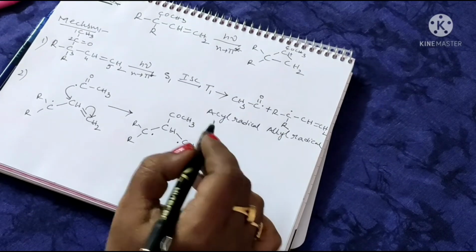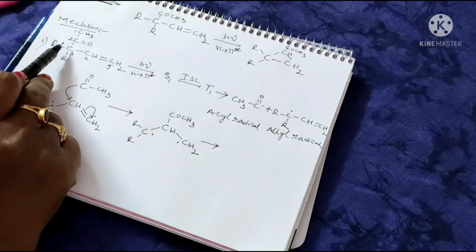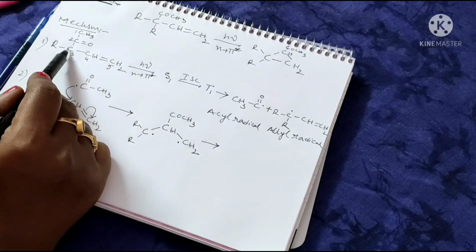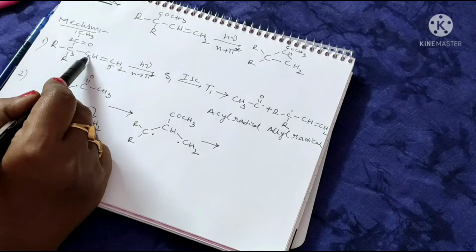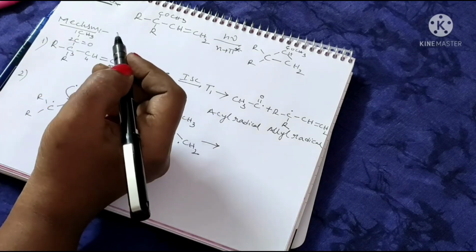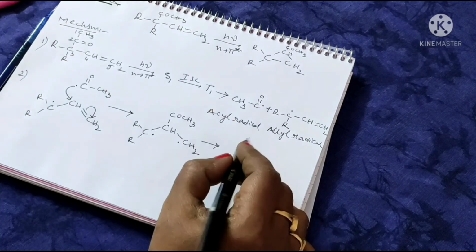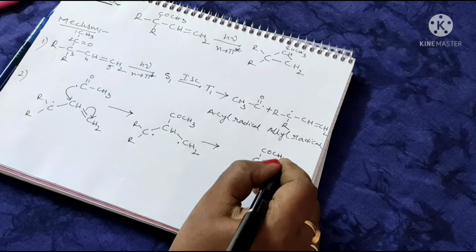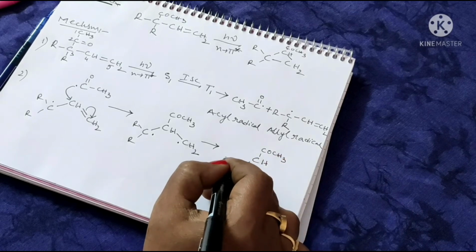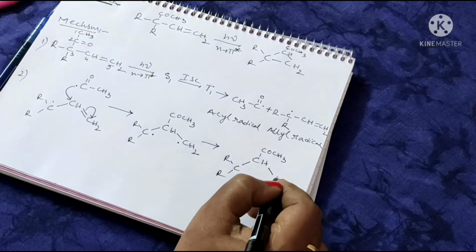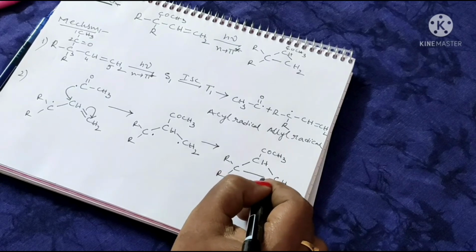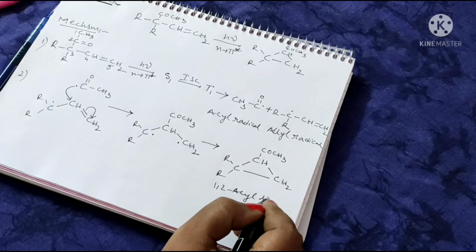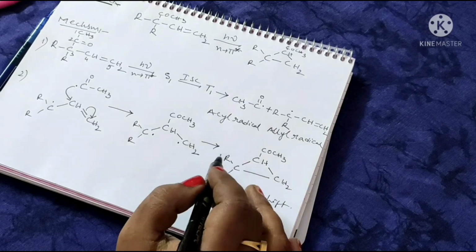If you observe this, the COCH3 is present on this carbon atom, and now it has shifted to this carbon atom, isn't it? So the product is formed by a 1,2 acyl shift, giving R2C-CH2-CH-CO-CH3 as a cyclopropane.